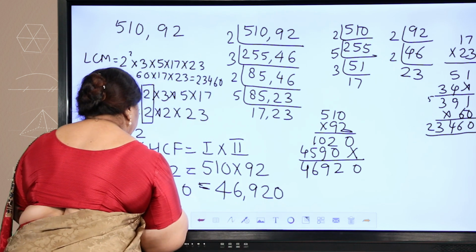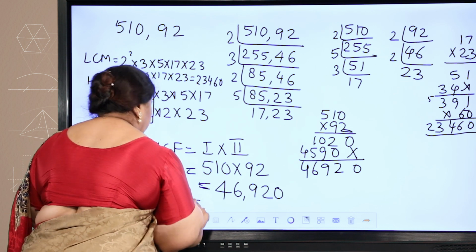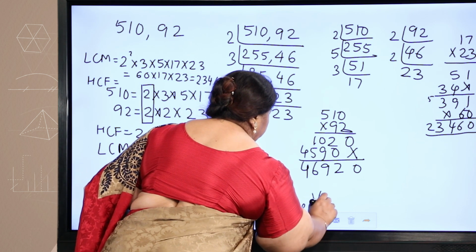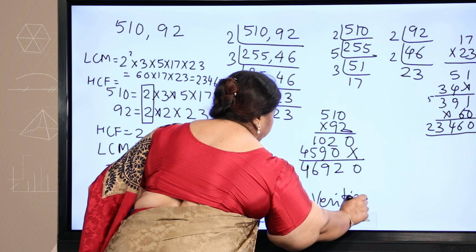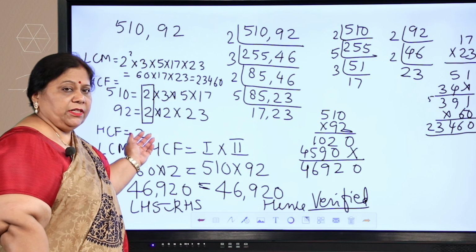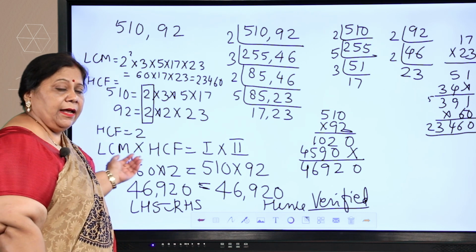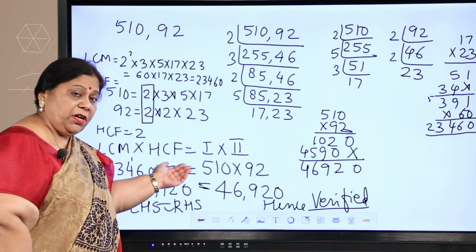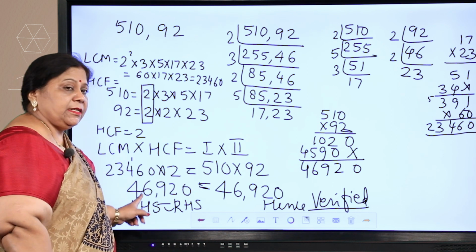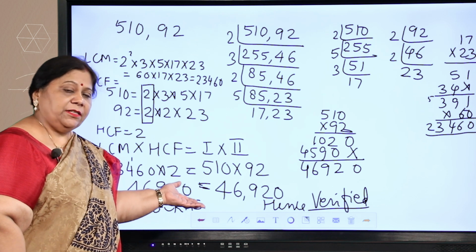We see that LHS is equal to RHS and hence our important result is verified. I hope it is clear. We first find the LCM, then the HCF, and then we see that LCM into HCF should be equal to the product of our numbers. We got 46,920 in both the cases. So, our result is verified.